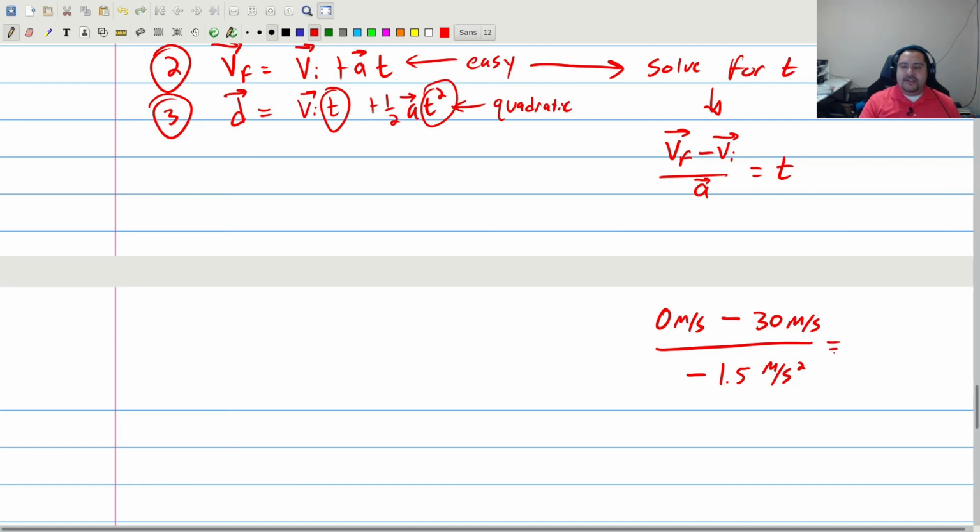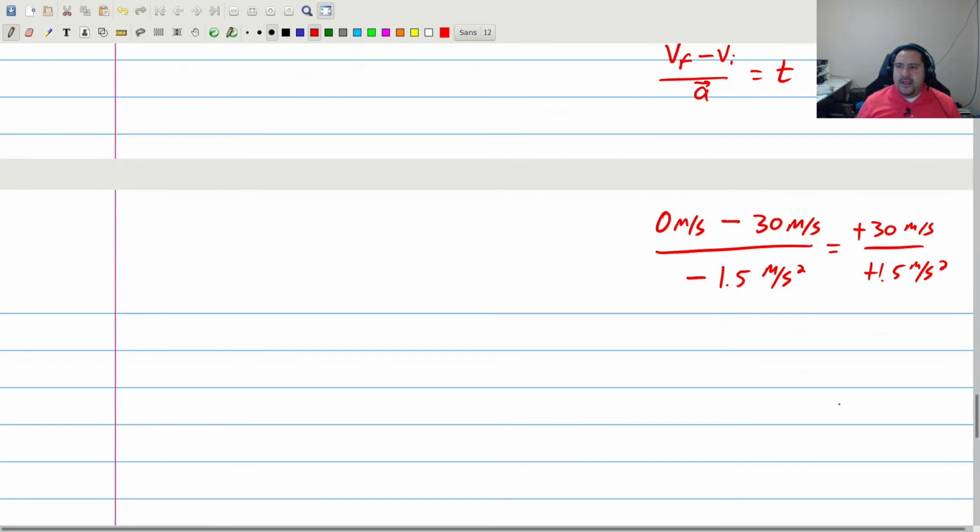You can either type this into your calculator or do it the longhand way. Either way is fine. This is going to be negative 30 meters per second divided by negative 1.5 meters per second squared. Negative and negative create a positive, and 30 divided by 1.5 is going to be 20.